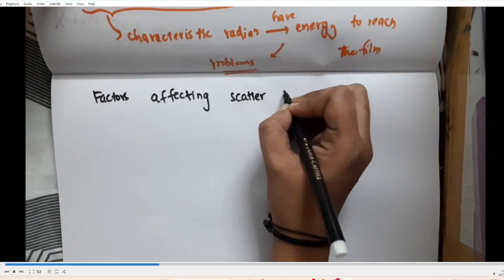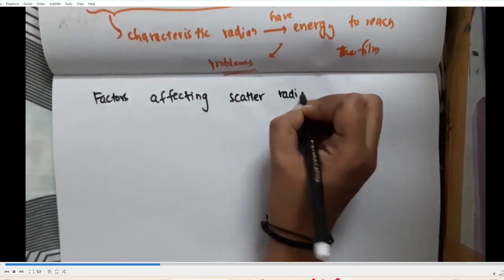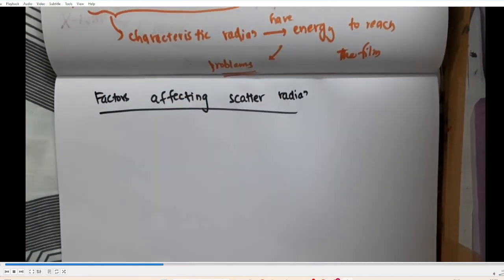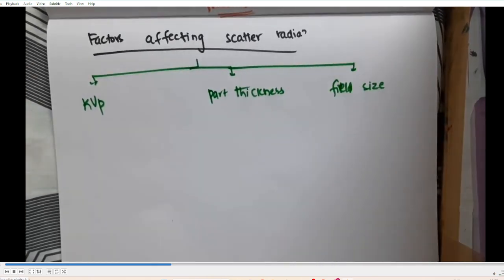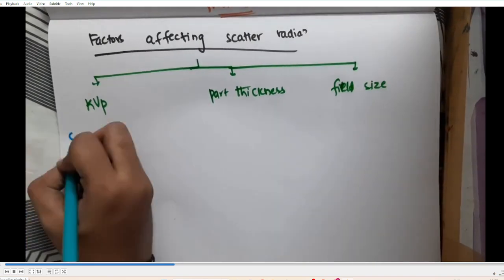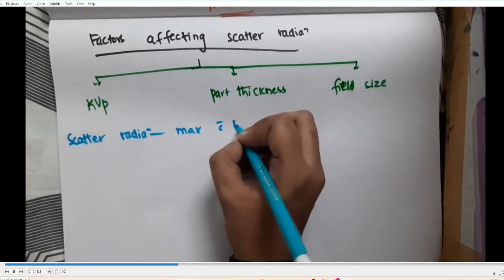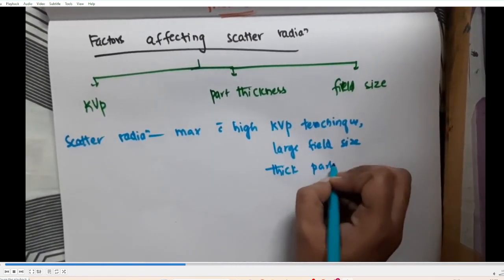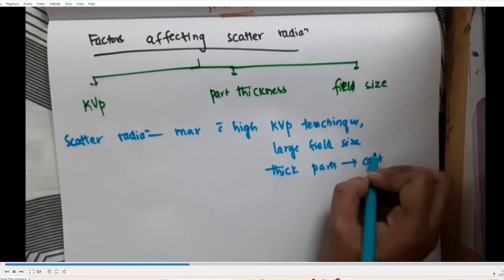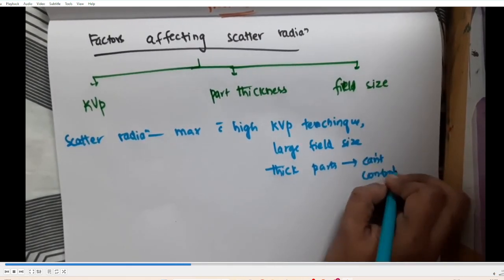Now, let us learn the factors affecting scattered radiation. Three factors determine the quantity of scattered radiation: kilovolt peak, part thickness, and field size. Scatter radiation is maximum with high kVp techniques, larger field size, and thicker parts. Unfortunately, this is what we usually deal with in diagnostic radiology.